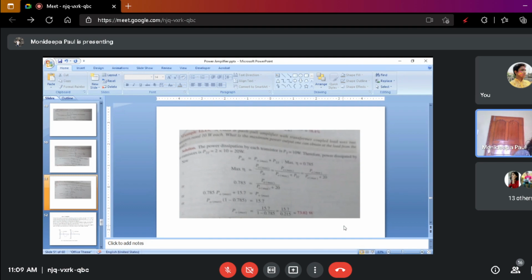In this problem, another condition is there, but it is not clear: you take the maximum efficiency of this problem, which is the maximum efficiency of a class B push-pull power amplifier. That means when you find out the maximum power output in this numerical problem, you consider the maximum efficiency to be 78.5%.